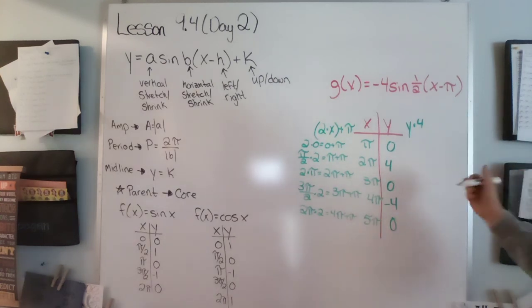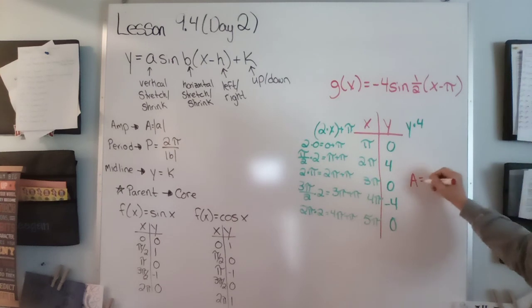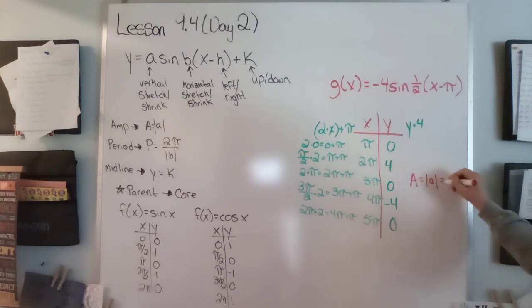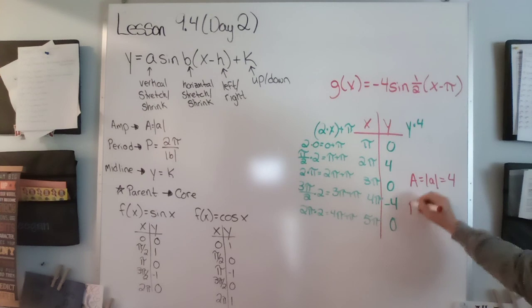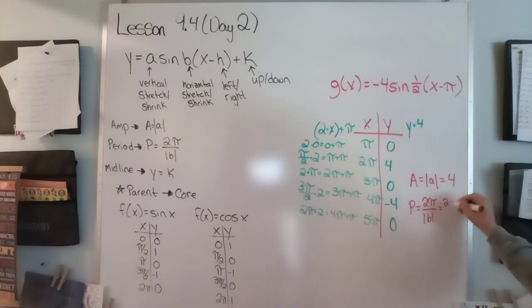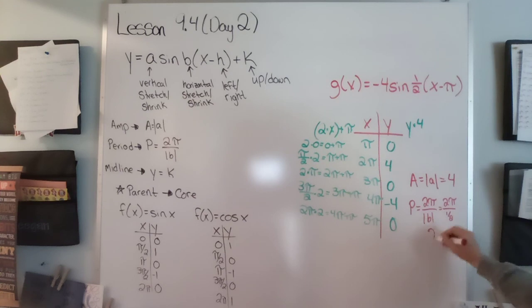So your amplitude is equal to the absolute value of a, so your amplitude is 4, and your period is 2 pi divided by the absolute value of b. So it's 2 pi divided by 1/2, or you can think of that as 2 pi times the reciprocal, which is 4 pi. And you can see that as well.